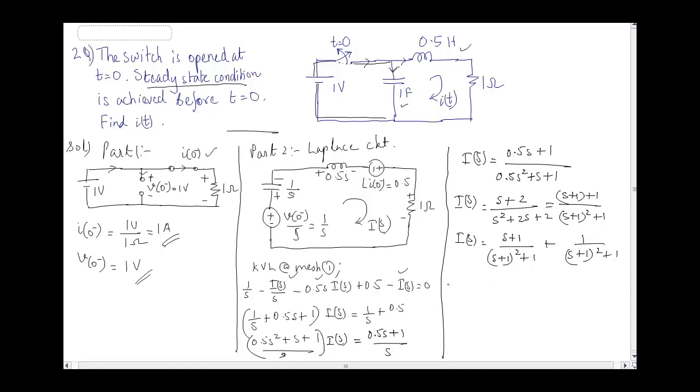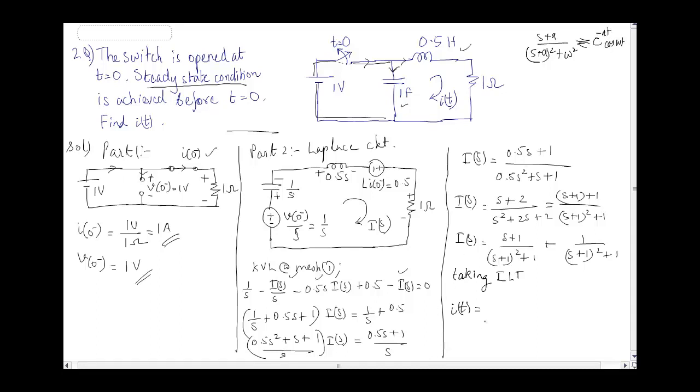Now if I am going to take the Laplace inverse, taking inverse Laplace transform, I will get I of t is equal to, this one is cos, but because of this plus 1, like if you remember, we have s plus a divided by s plus a the whole square plus omega square is always written as, the inverse of that will give e raised to power minus at cos omega t.